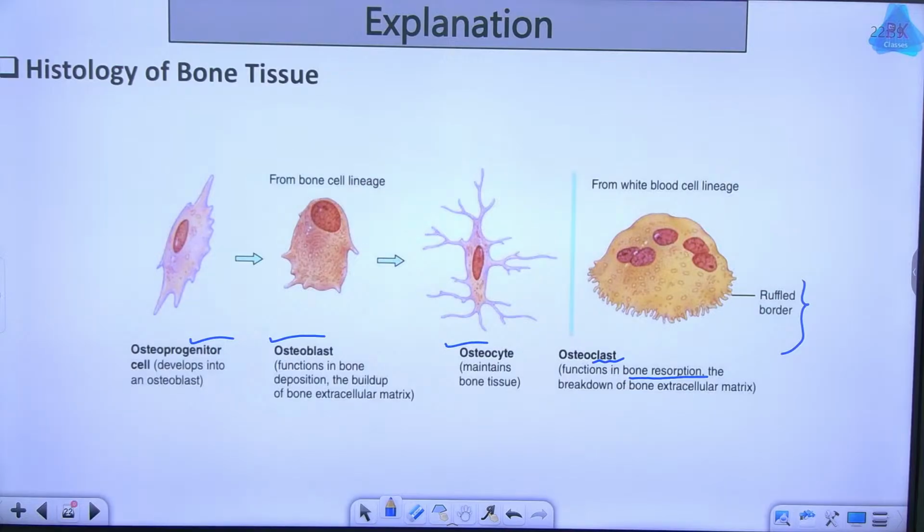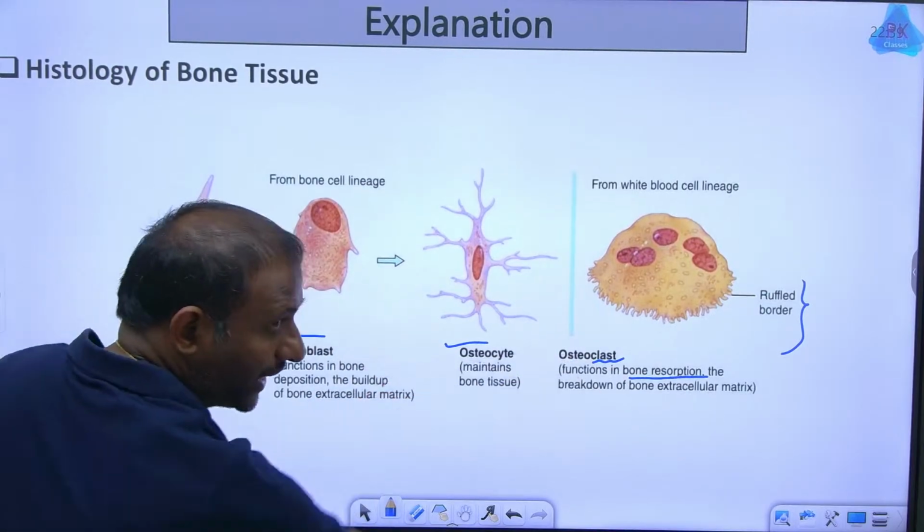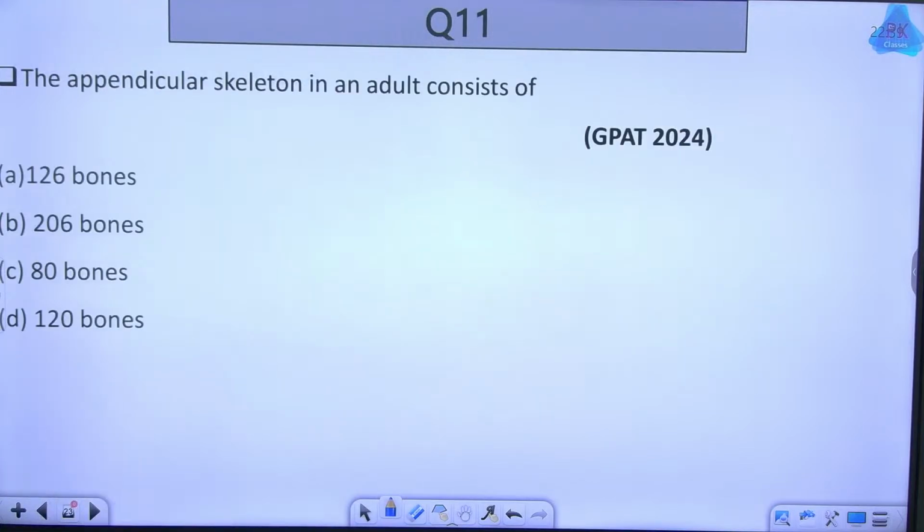Yes, yes. The monocytes only will form the osteoclasts. ठीक है? ये recent question है.